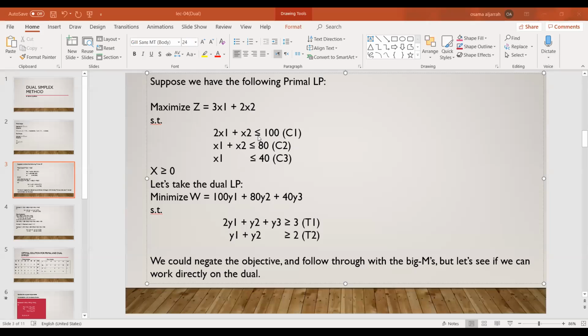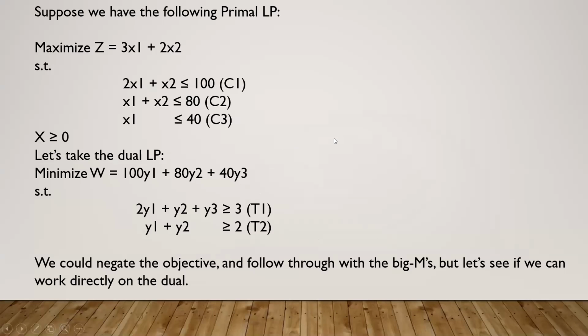Of course, there are some tricks. For example, if you have an equality, does anyone have a guess how to change it to a dual problem? If we have an equal sign, then you will make two constraints for it: more or equal and less or equal.